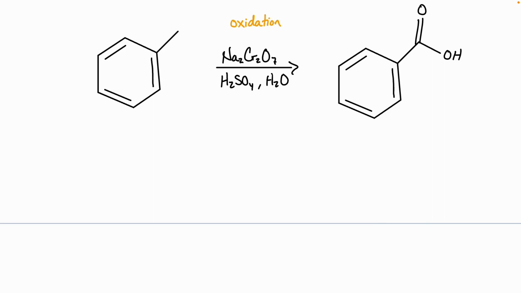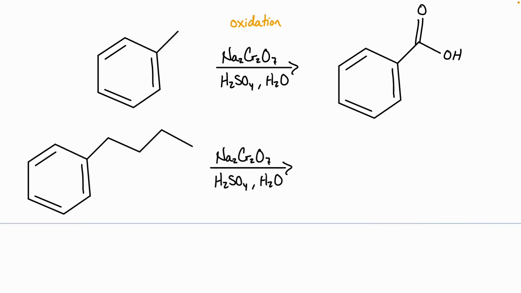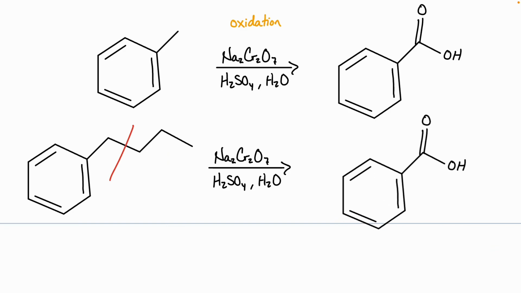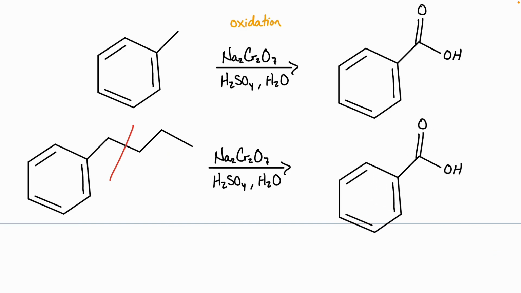One of the quirky features of this reaction here: let's say instead of taking this methylbenzene, this toluene, we took butylbenzene. Now it's got a big chain on there, and we treated it with this same reagent. Well, it is going to chop off all of those other carbons and give you that exact same carboxylic acid product.